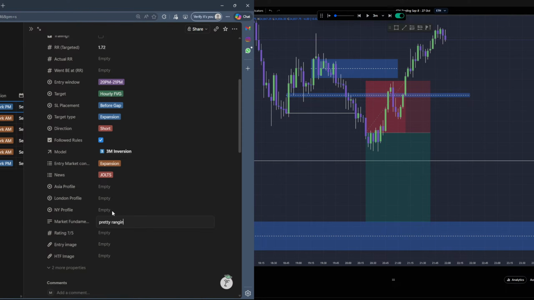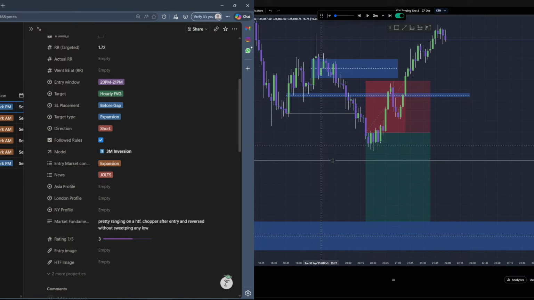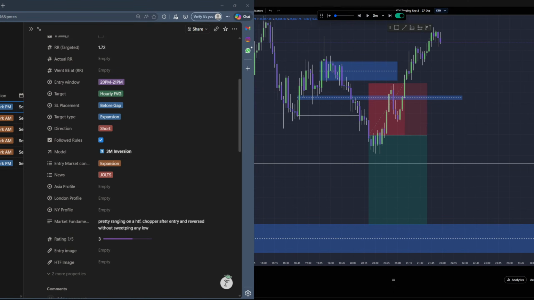Pretty ranging, higher time frame. The inversion. I mean, chopped after entry and reversed without sweeping any low. Rating this 3 out of 5 means normal trade.